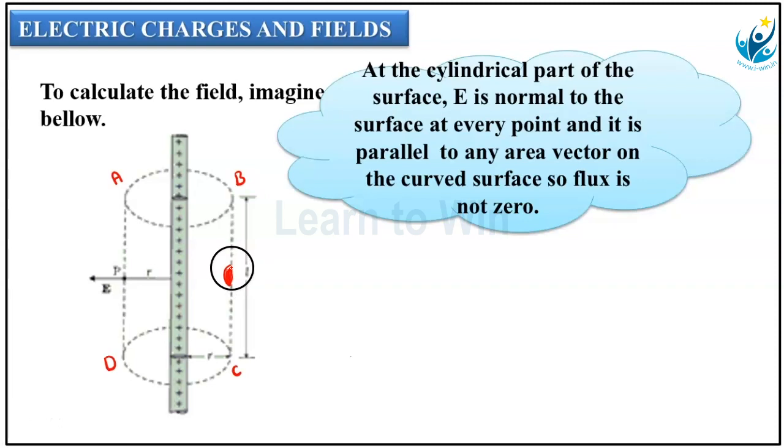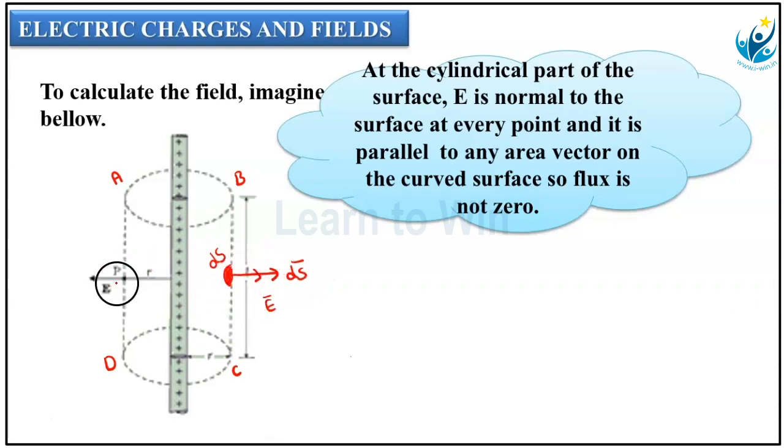For that, let us consider a small elemental area ds bar. This ds bar is directed along this direction. And at this point, the electric field due to this positive charge is away from the point along this direction.